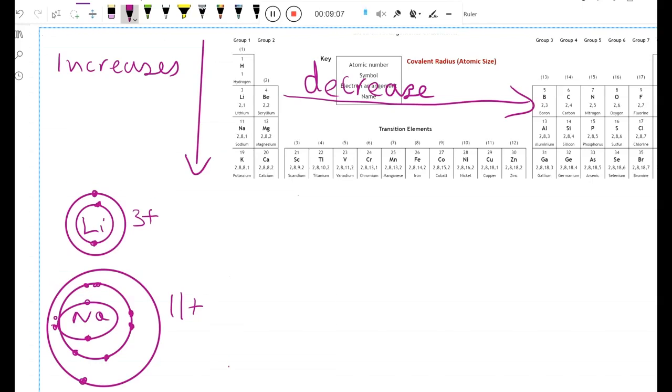Okay, as you move across a period, however, if I look at, let's do boron to start with, carbon, nitrogen, and I'm going to do these ones green. So I'm going across this time.